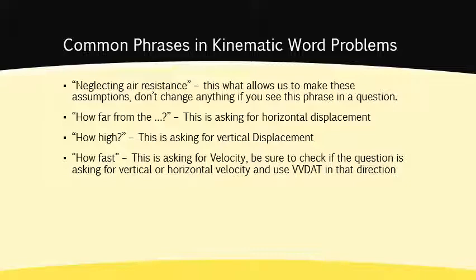This is talking about horizontal displacement. How high? This is asking for vertical displacement. How fast? This is asking for velocity. Be sure to check if the question is asking for vertical or horizontal velocity. And we're going to use VV.dat in that direction.